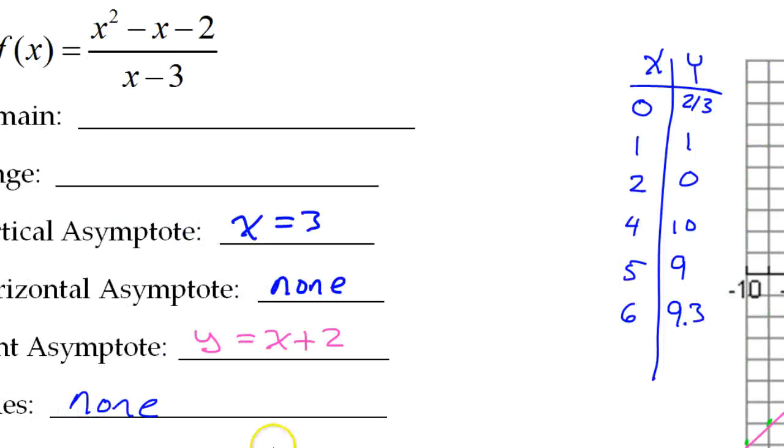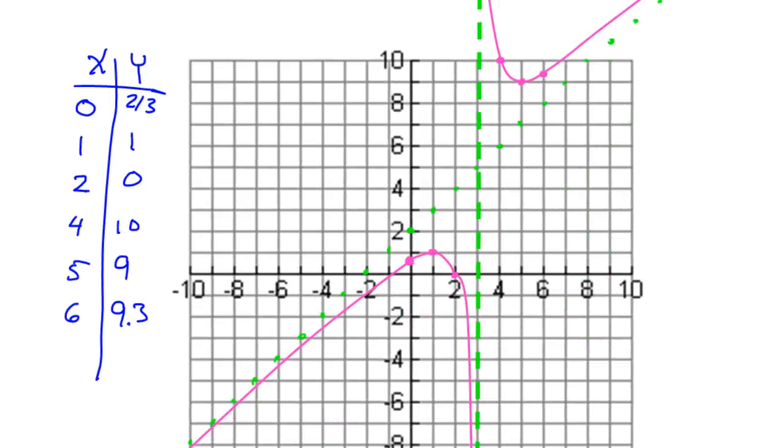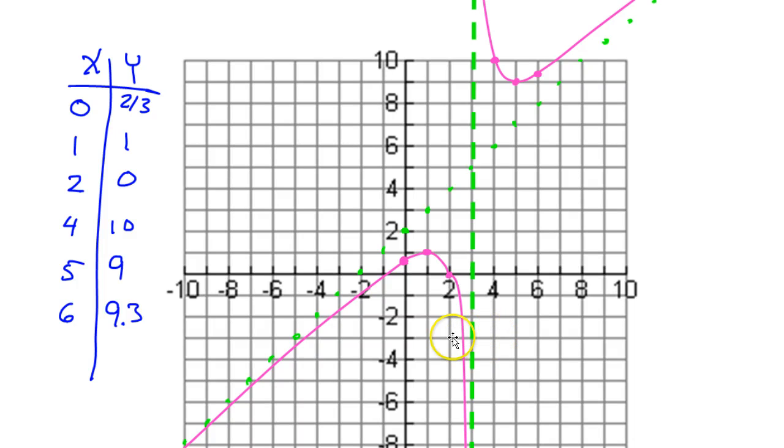Alright, now we can answer some more questions. So the domain. The domain is the x values, so we can see it goes left and right forever, but it skips over the vertical asymptote. So it's going to be negative infinity to 3, and then 3 to infinity.